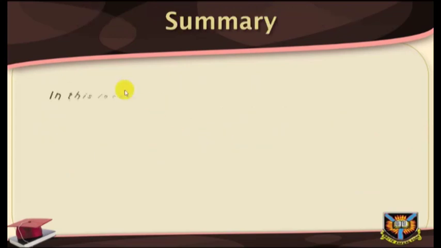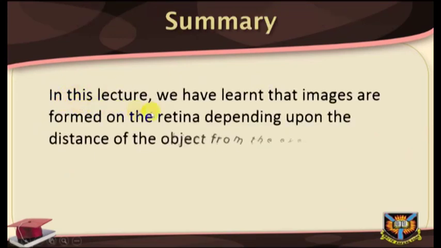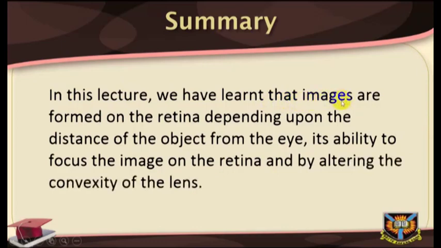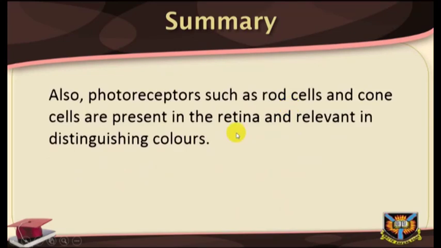Summary. In this lecture, we have learned that images are formed on the retina depending upon the distance of the object from the eye, its ability to focus the image on the retina, and by altering the convexity of the lens. Also, photoreceptors such as rod cells and cone cells are present in the retina and are relevant in distinguishing colors.